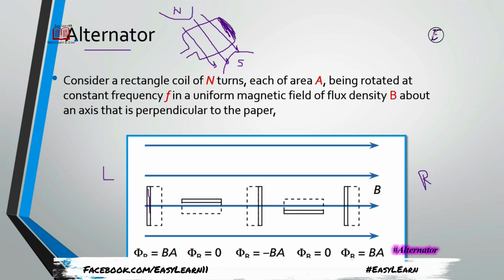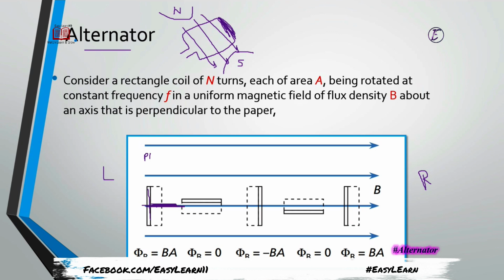and the coil is placed exactly vertically, at 90 degrees, so that this is the normal to the surface of the coil. We call this position 1.